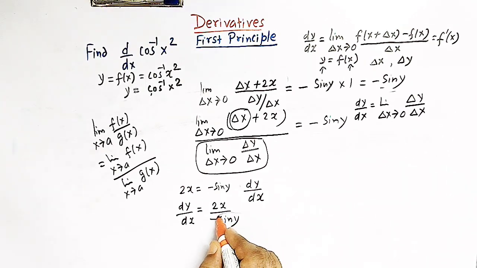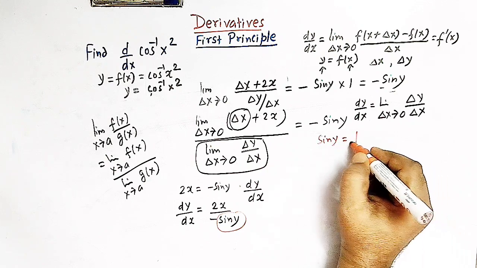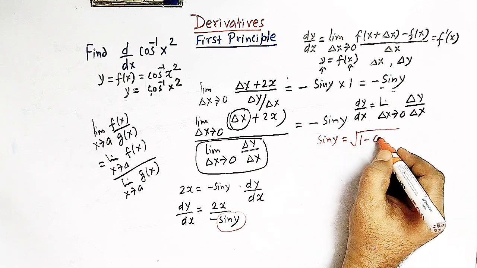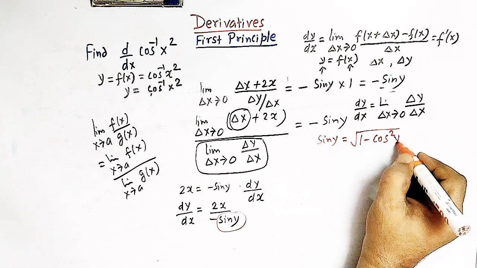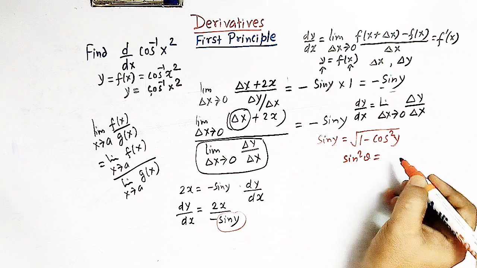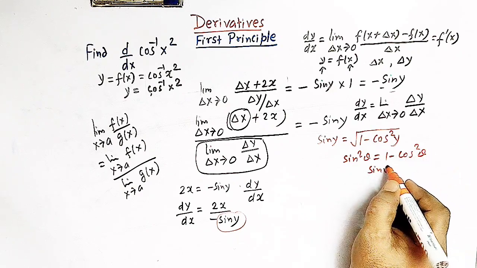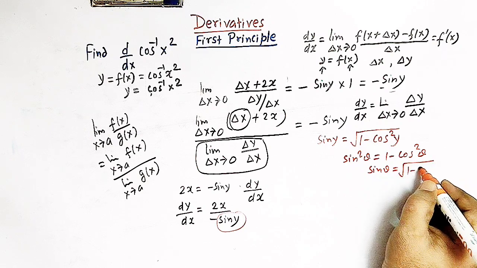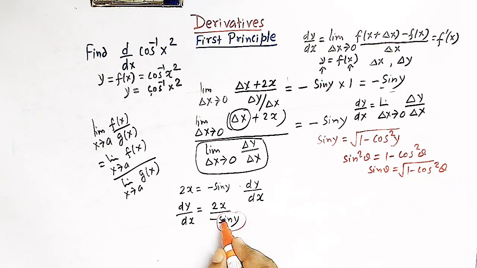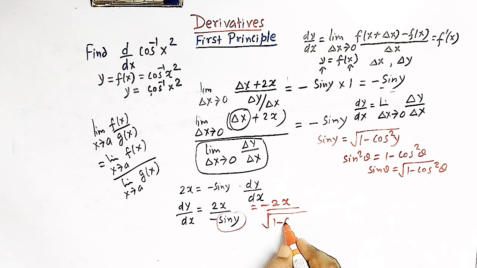So now this term sin y can be written as square root of 1 minus cos square y, right? Because we know that sine square theta is equal to 1 minus cos square theta, and sine theta is equal to square root of 1 minus cos square theta. So now we have 2x, here we have the negative sign, and here we have square root of 1 minus cos square y, right?